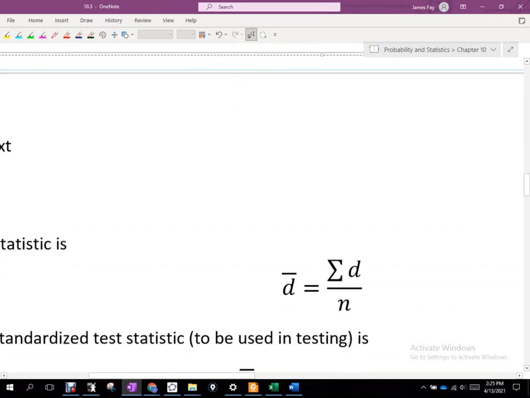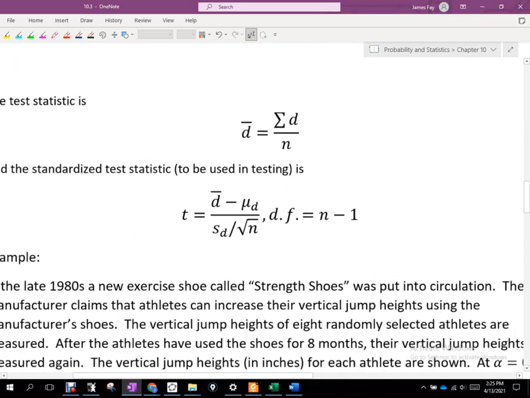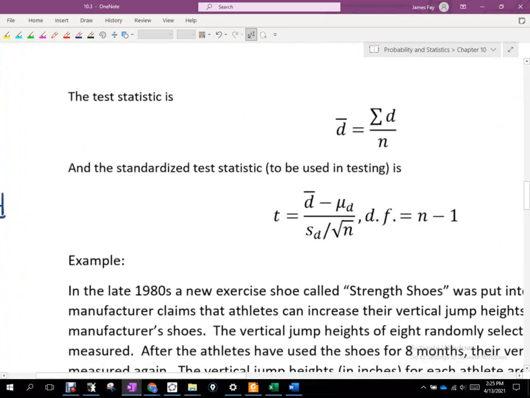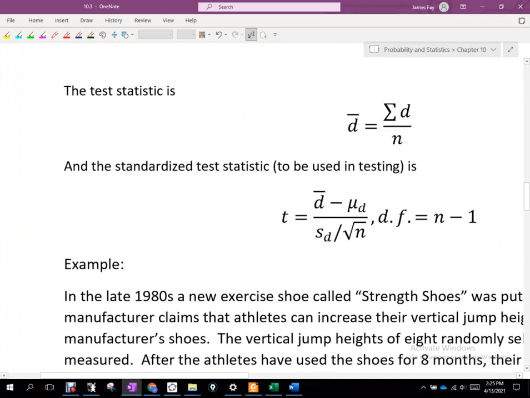So what I want to do here is get to an example, okay? The test statistic that we're going to use is D bar, okay? Which is the average of the sample differences, or the paired differences. And then once we have that, we're going to standardize that down to a t-value.